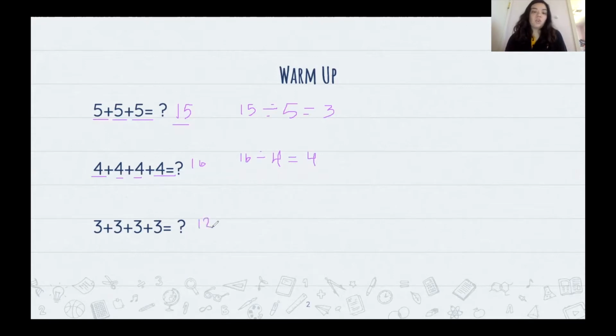So we have our total divided by the number we're adding by, which is 3, equals the number of times we added it: 1, 2, 3, 4. So 12 divided by 3 equals 4. I'm going to clear my screen and move on to our application problem for today.